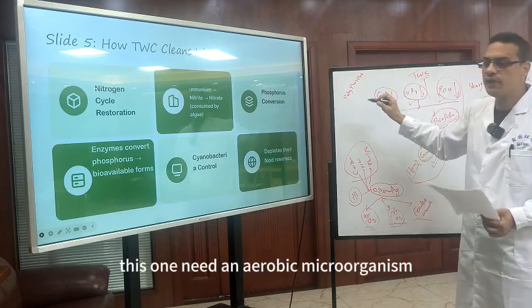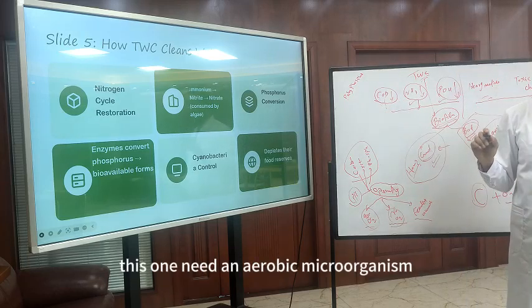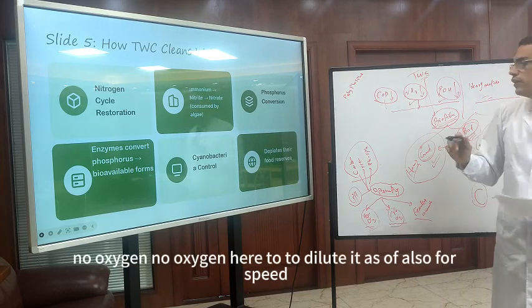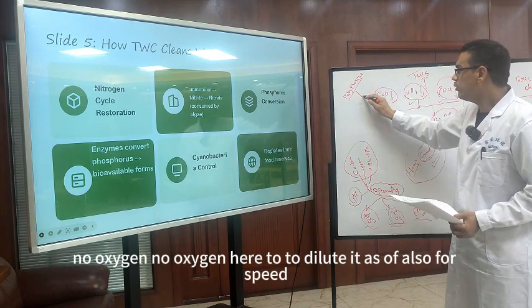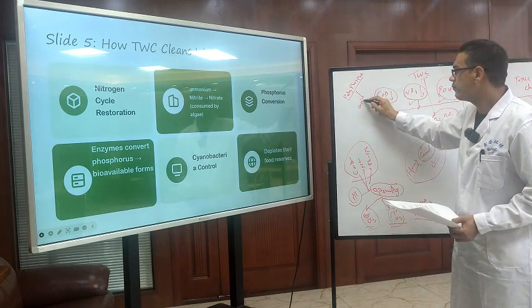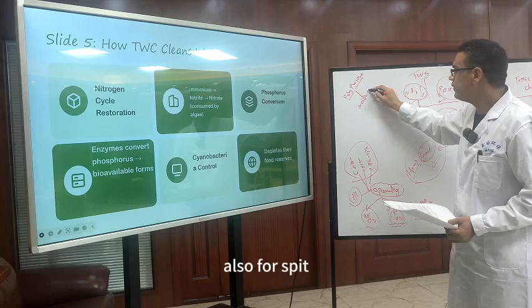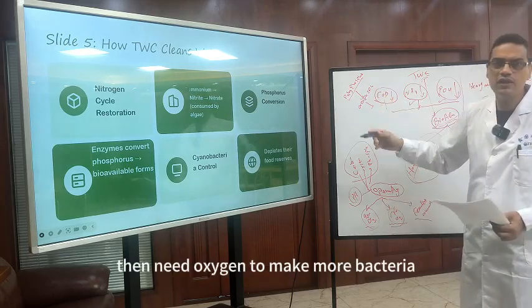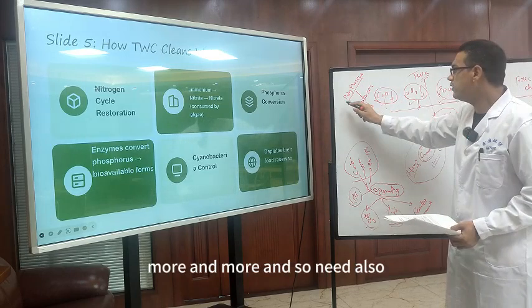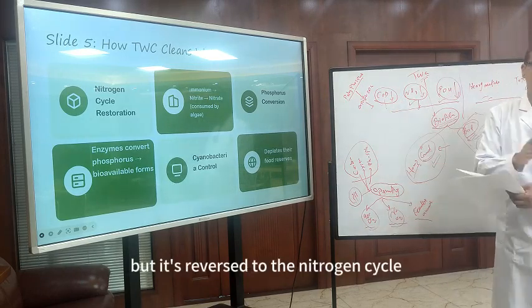Polyphosphate, this one need anaerobic microorganism, no oxygen, here to dissolve it as an orthophosphate. Orthophosphate then need oxygen to make more bacteria, more and more and more. So need also, but it's reversed to the nitrogen cycle.